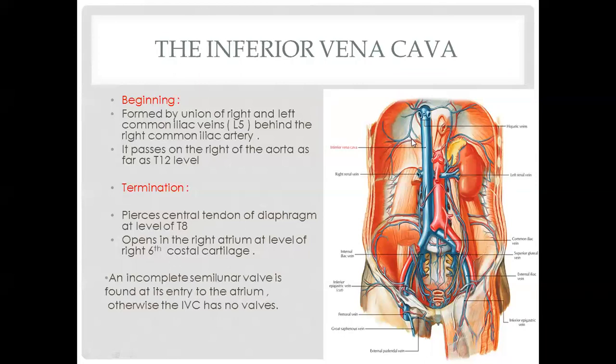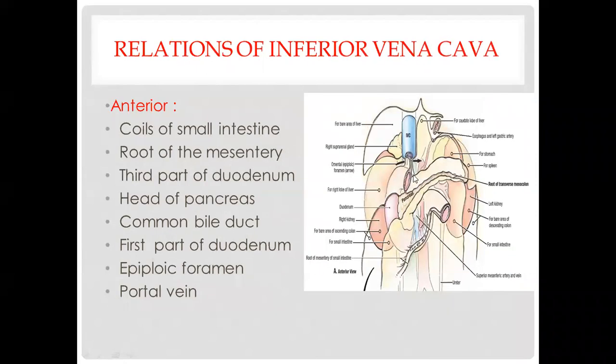It has no valve, only an incomplete semilunar valve at its opening. Relations anteriorly, from below upward: the coils of the small intestine and the root of the mesentery, the third part of the duodenum, the pancreatic head, and the common bile duct, which is grooved posterior to the pancreatic head, the first part of the duodenum, the omental epiploic foramen, and the portal vein in it.